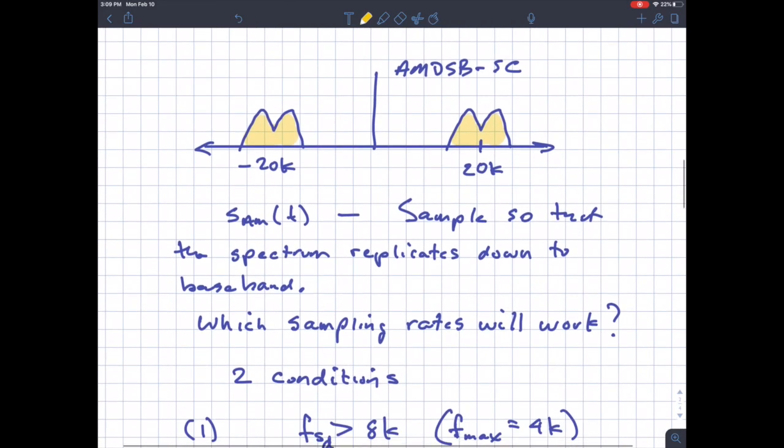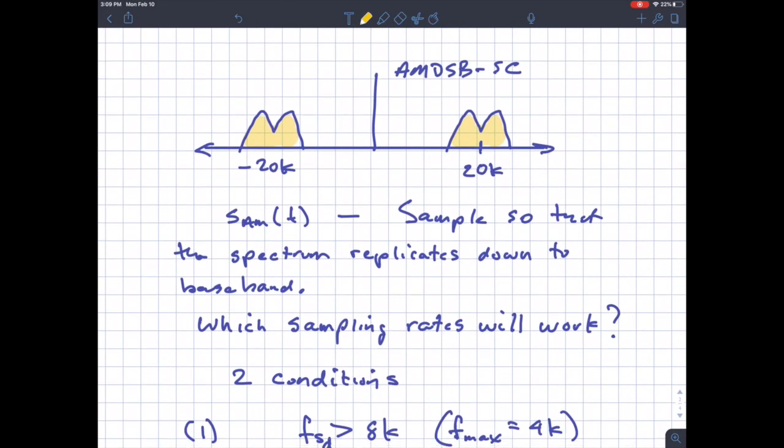At this point, let's assume we have the AM DSB suppressed carrier signal, and we know what that looks like. Let's sample the spectrum so that it replicates down to baseband. If this was an analog signal, we could figure out which sampling rates would actually do that.